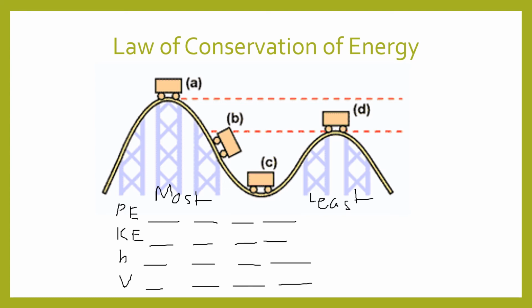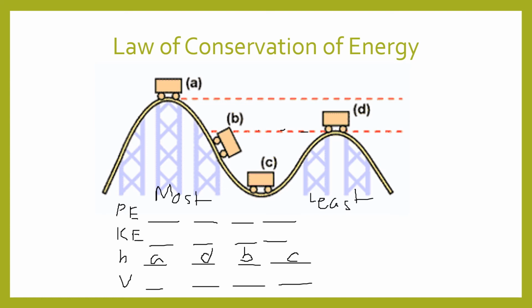Of these letters, which spot is the highest? A. So we can do the height really easily. A is the highest, and then just looking at it, D, that's what those little dotted lines mean, I can show you where they are. The wheels are at the dotted line here, so D is higher than B. B would be the next highest, and then the lowest would be C. Now, height determines what type of energy?